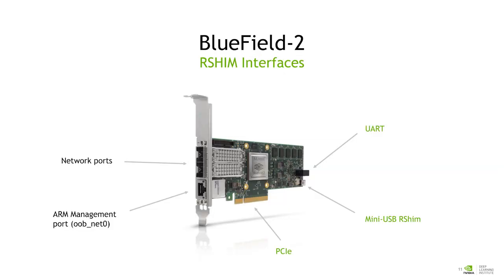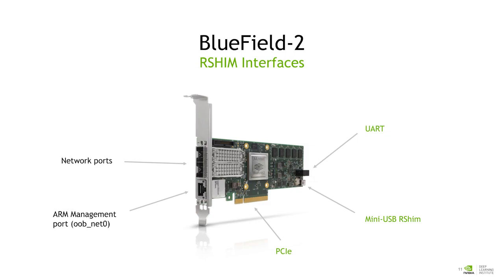Taking a quick look at the important connections on a DPU, we have first and most importantly the network ports. They provide the high-speed access for both the DPU and the host. The ARM management port is a 1 gigabit copper connection and is intended to be used for DPU out-of-band management access and other low-bandwidth infrastructure and network services for the DPU itself.